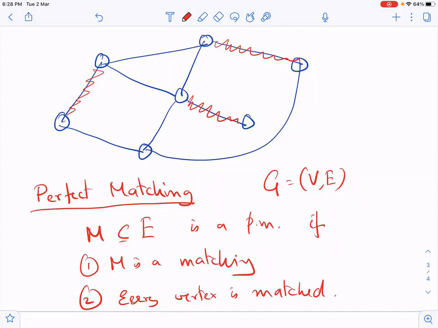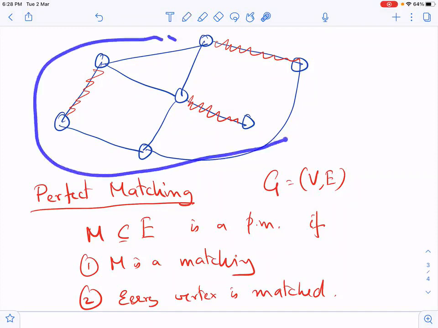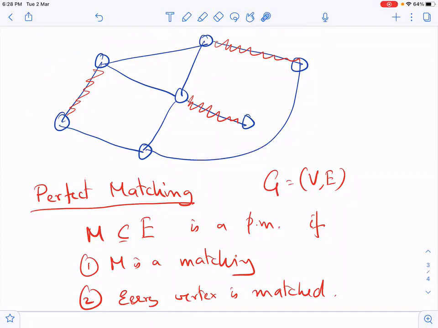Okay. Now, what do you think here in this graph? Does this graph have a perfect matching? No, sir. Why not? There is one vertex towards the bottom from which the curve ends. So this is not a perfect matching. That I agree, because this vertex doesn't have a match.